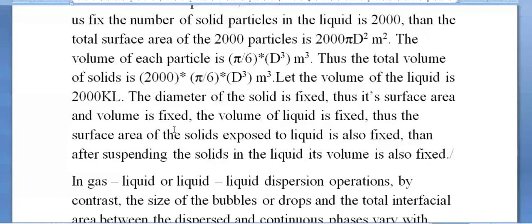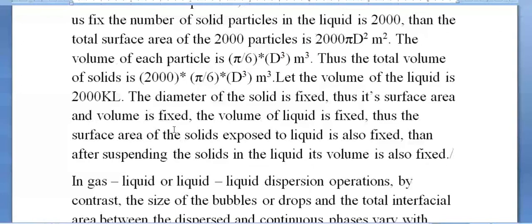The diameter of the solid is fixed, thus its surface area and volume are also fixed. And the volume of liquid is fixed, thus the surface area of the solids exposed to the liquid is also fixed. Now this is very important because we want the entire catalyst to be exposed to the liquid first.